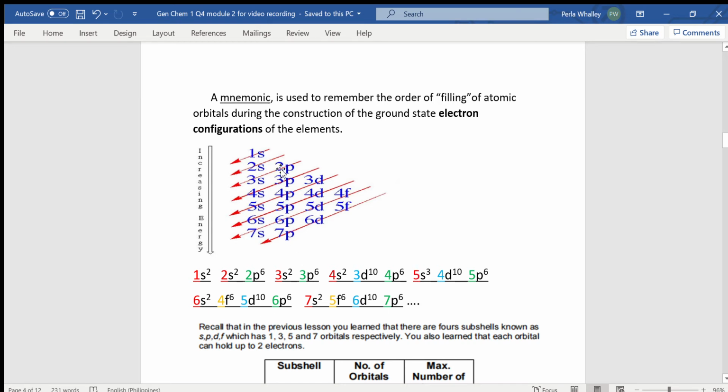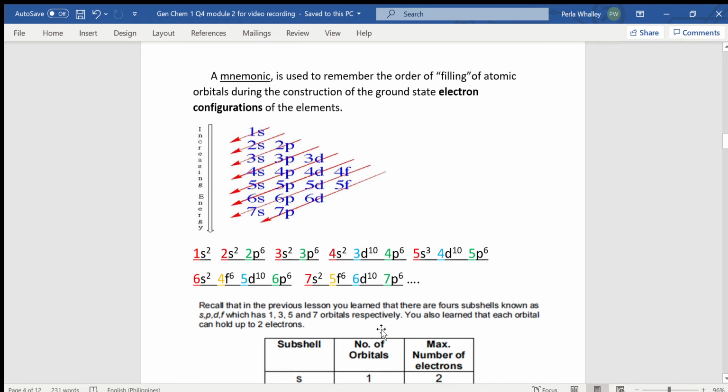And p, we start with number 2: 2, 3, 4, 5, 6, 7. For d, we start with 3, 4, 5, 6. And f, we start with 4, 5.